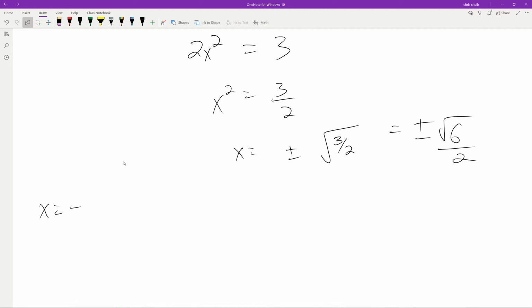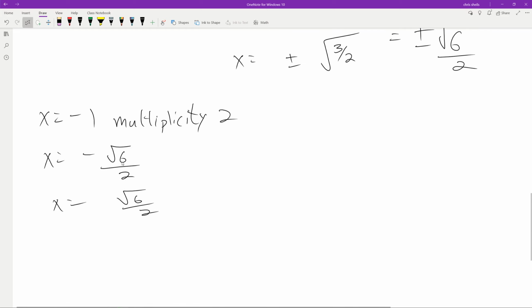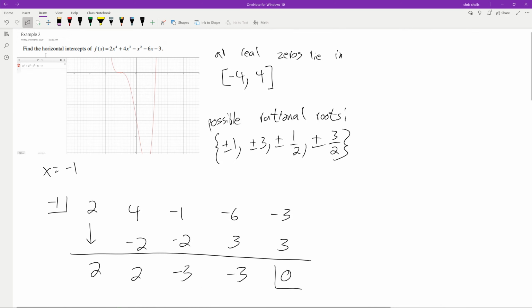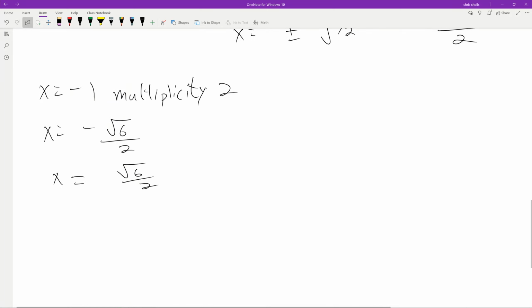I have x equals negative 1, which has multiplicity 2. X is negative square root of 6 over 2. And x is positive square root of 6 over 2. And these are all of the horizontal intercepts of this polynomial, or all of the real zeros. The question asks for horizontal intercepts, which are the same thing.